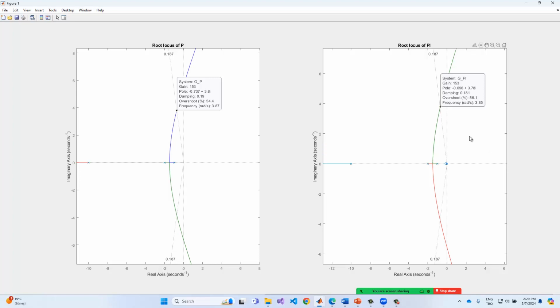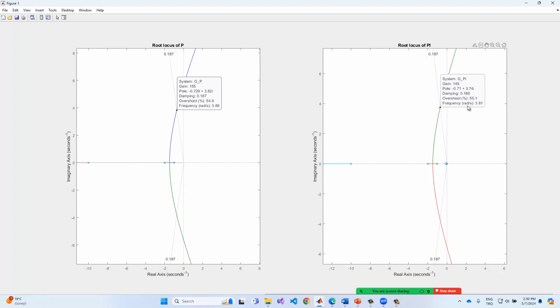And so, in order to find the exact values, the gain of the P must be selected 155, but the GPI must be selected 149. This time we have a difference of 6, right? And this is the important difference in here.